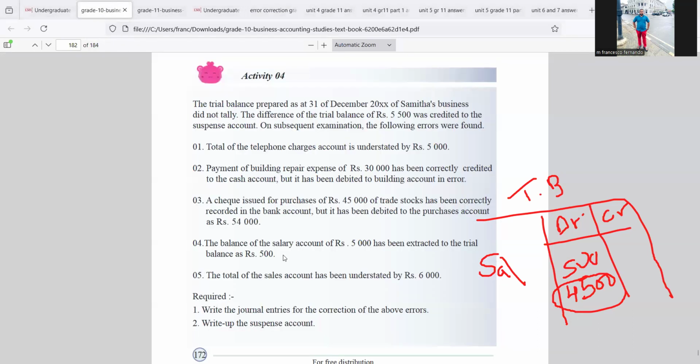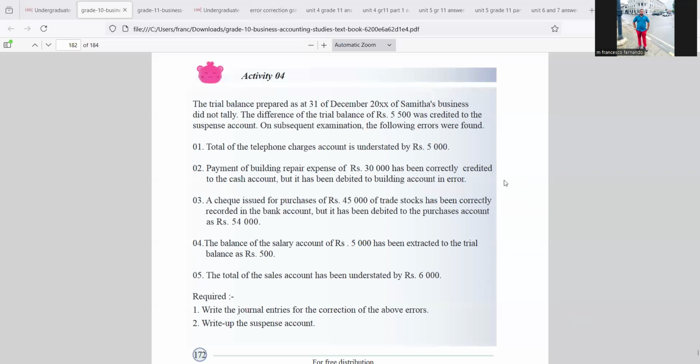The last transaction, total of the sales account undercasted by 6,000. So here, this is the sales account. Sales account has been undercasted by 6,000. So you know normally sales is an income. Sales balance should be credited.